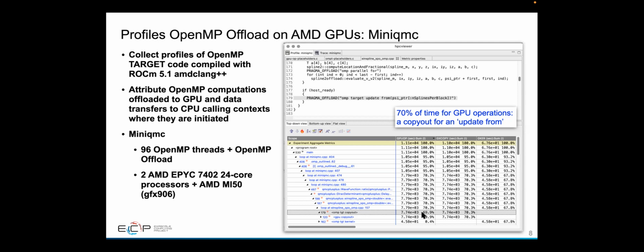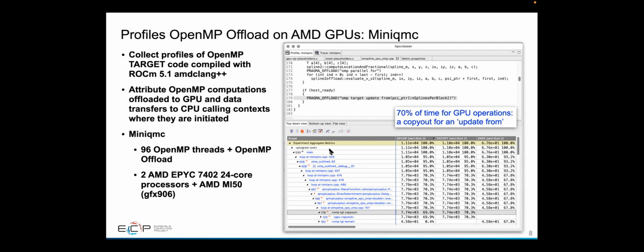It says that 69 to 70% of the GPU costs are associated with copy operations, and that those all map back to this pragma, OpenMP target offload, which is updating data.